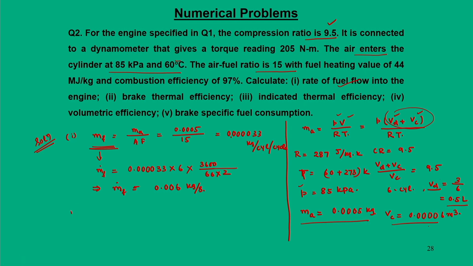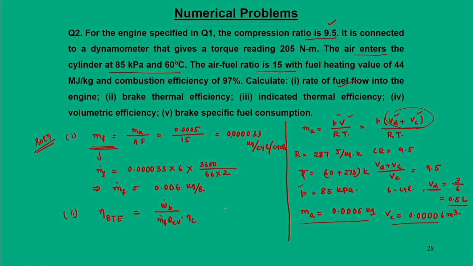Then the second term, eta brake thermal efficiency, that is nothing but W dot B by m dot f into Q CV into combustion efficiency.